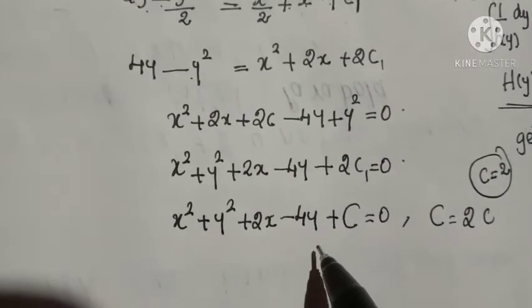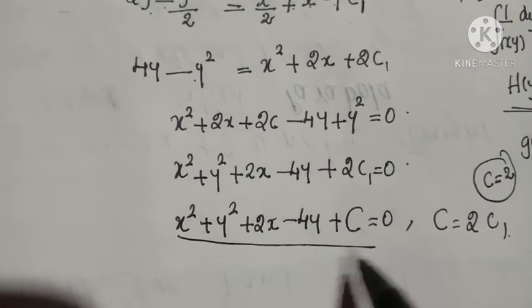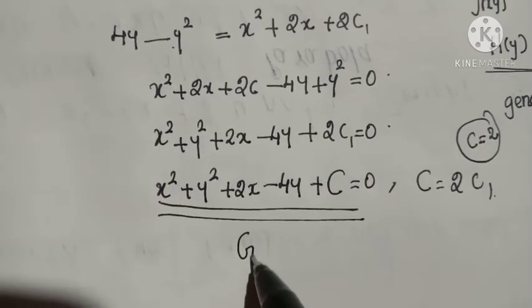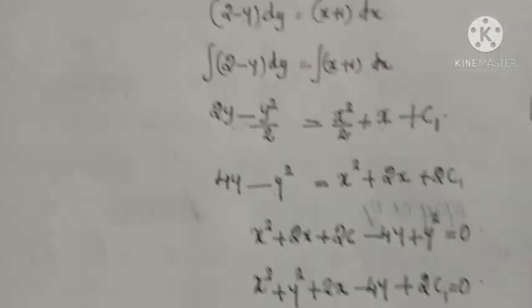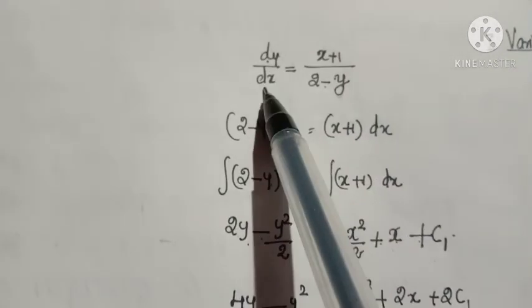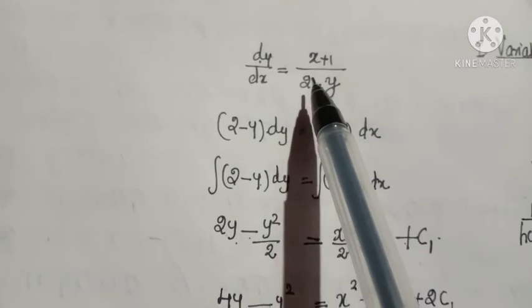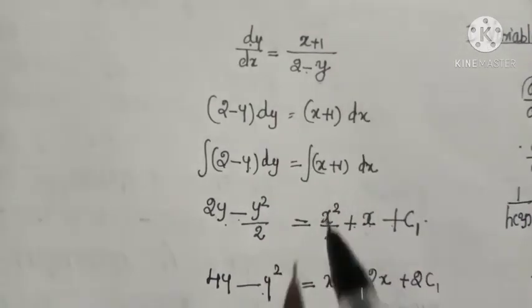So this is the solution. Which solution? The general solution of the given differential equation dy by dx equal to (x plus 1) by (2 minus y) by the variable separable method.